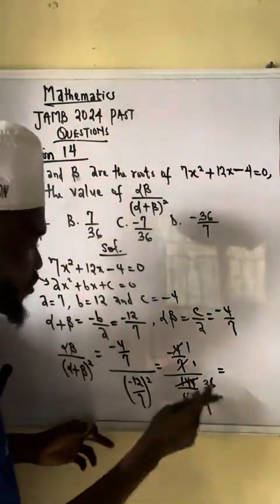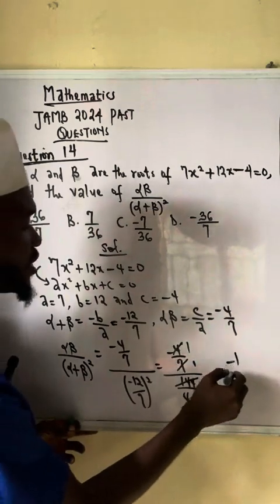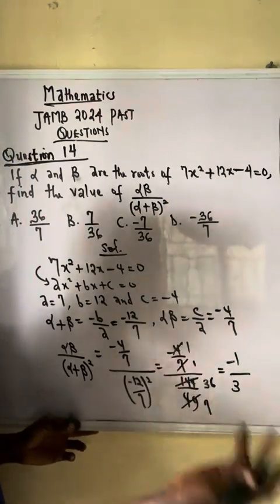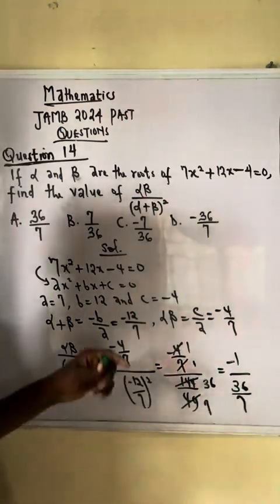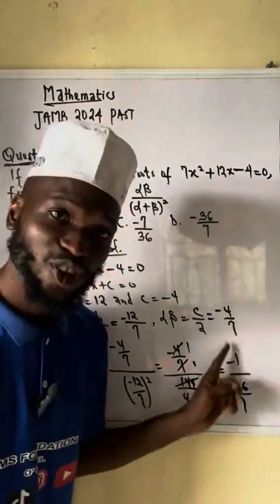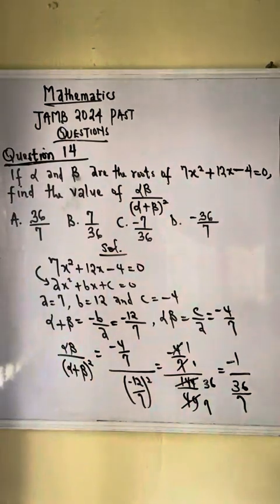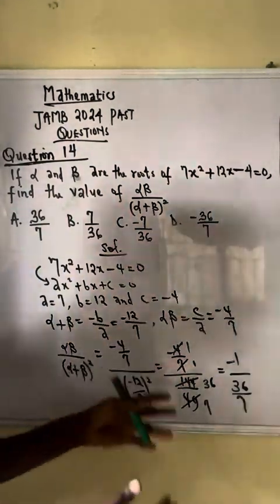Then what are we left with on top? We are left with minus 1 divided by 36 over 7, because minus 4 over 4 gives minus 1. So what you just need to do, if you are dividing 1 by a fraction, you just need to swap around the fraction.